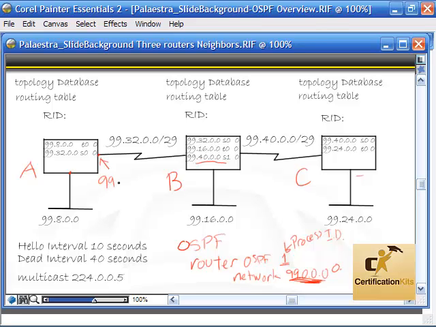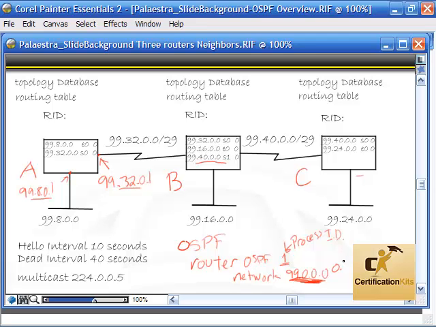So if I have an IP address of 99.32.0.1 on this interface and an IP address of 99.8.0.1 on this interface, the wildcard mask will compare the IPs on the interfaces of the router with this statement.